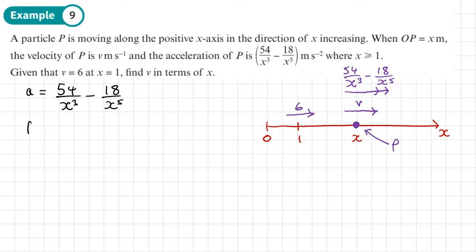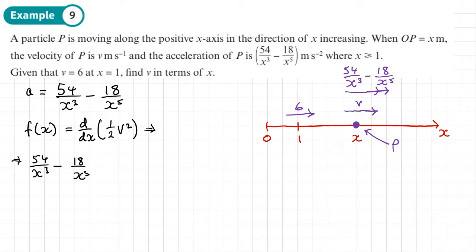We'll use our expression f of x is equal to d dx of half v squared. We'll substitute in and then we'll integrate. So f of x is 54 over x cubed minus 18 over x to the power 5, equal to d dx of half v squared.